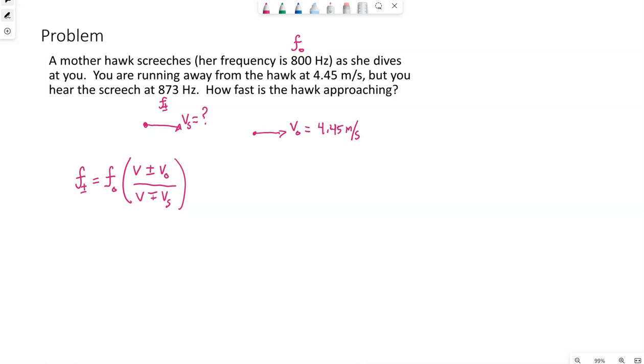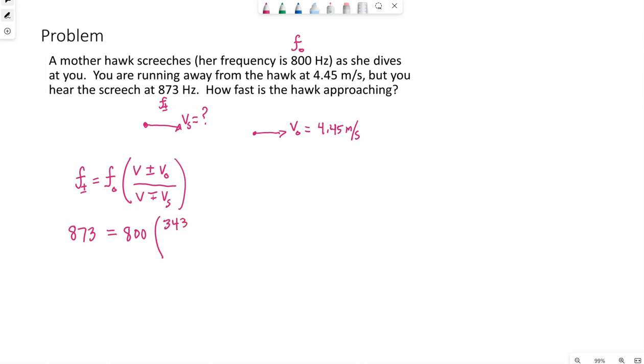So I know that we are hearing 873 hertz. The actual frequency, we're told, is 800 hertz. V without the subscript is the speed of sound.